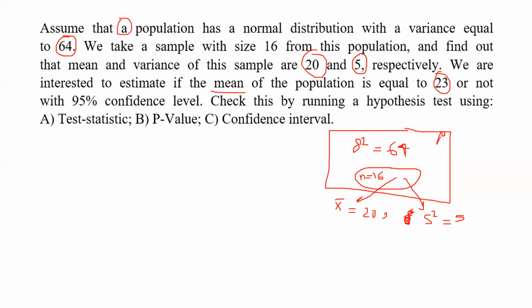So mean of the population, we are talking about that. When we talk about equality, I mentioned that for the equality case, it's better to consider it for H0 and for the not equal case for HA.